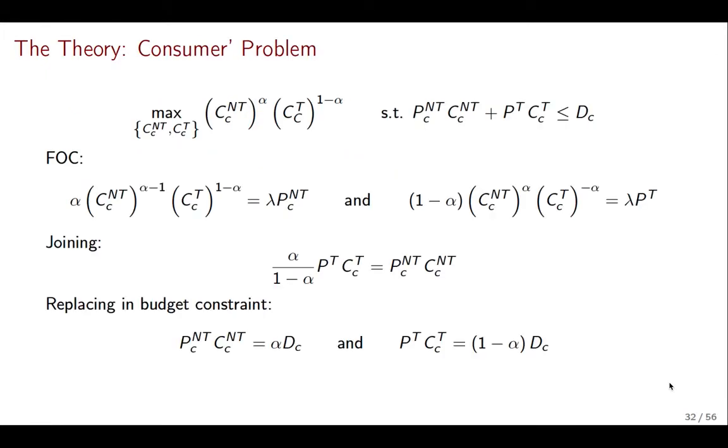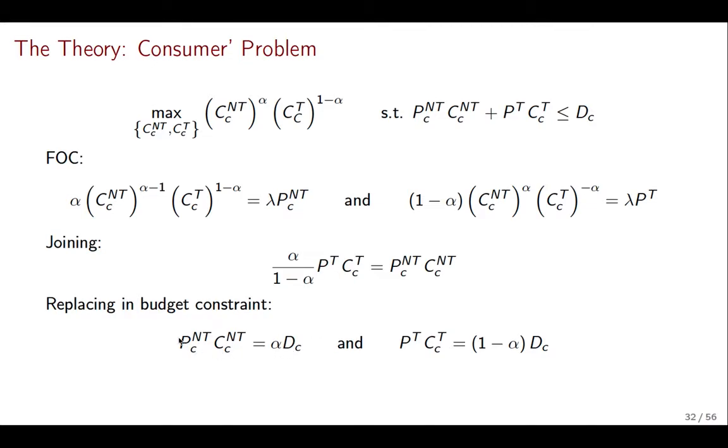Out of the consumer's problem, we knew that the expenditure on non-tradables and the expenditure on tradables were both fractions of total demand. Now, we're assuming that total demand is equal to 1. So that's what the 1 is doing there. Instead of this D, we're replacing it with a 1.